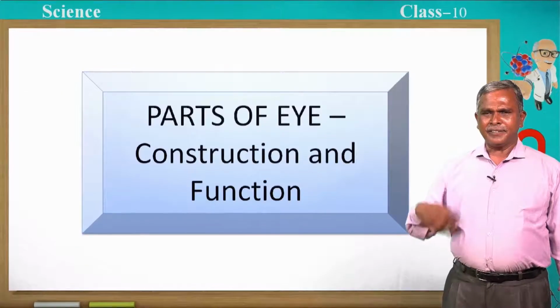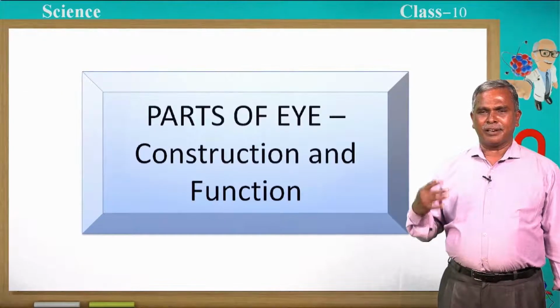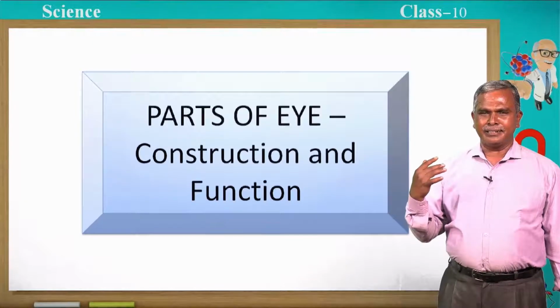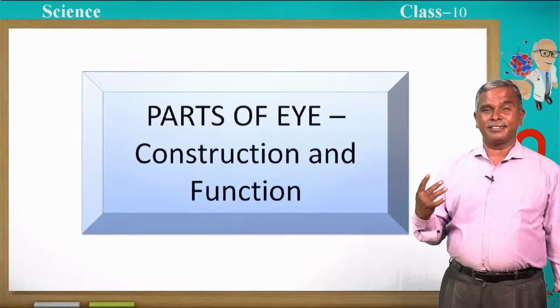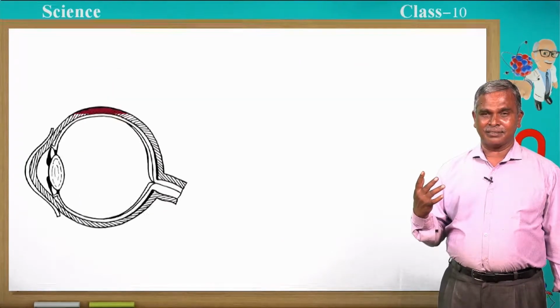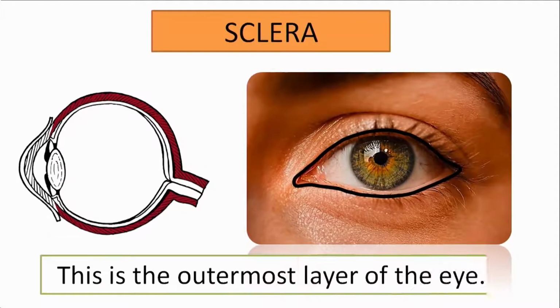Now, let us go still deeper into the concept of understanding the parts of the human eye, especially the construction and the functional aspects. This is called the outermost layer of the eye, that is called the sclera. It is always an opaque substance.